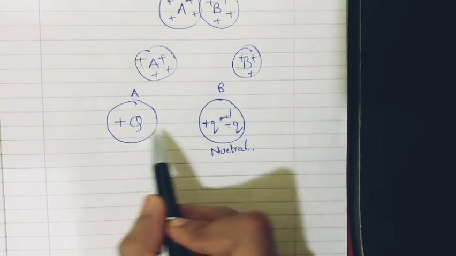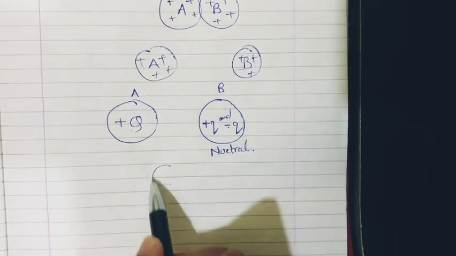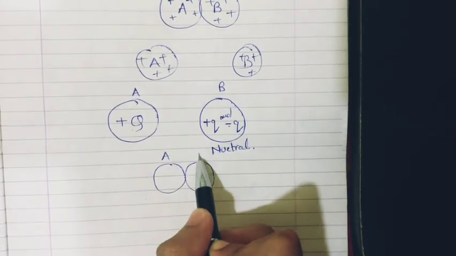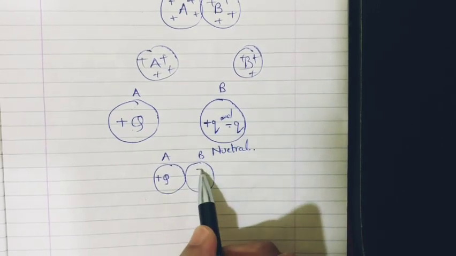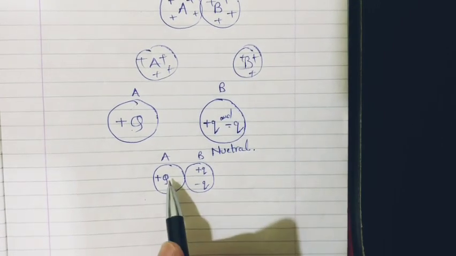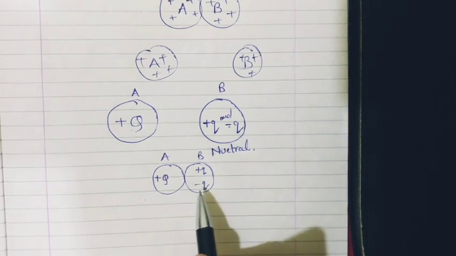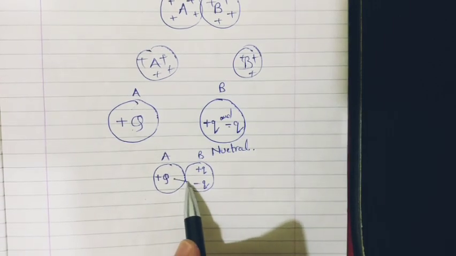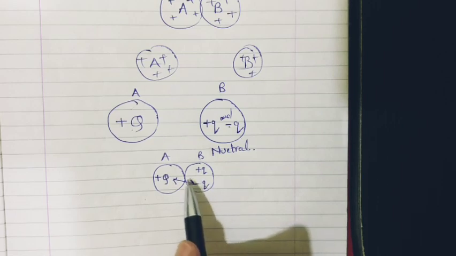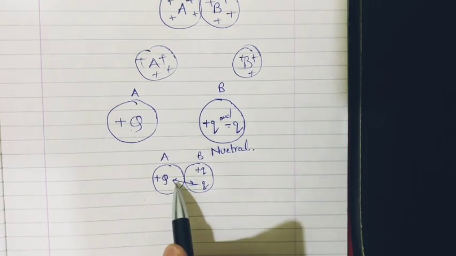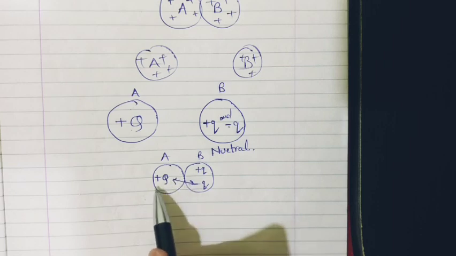If I get these two bodies in contact with each other, A and B, the capital plus Q and the minus small q will get attracted to each other. All this negative charge will quickly rush towards the positive Q and start cancelling out the positive charge.